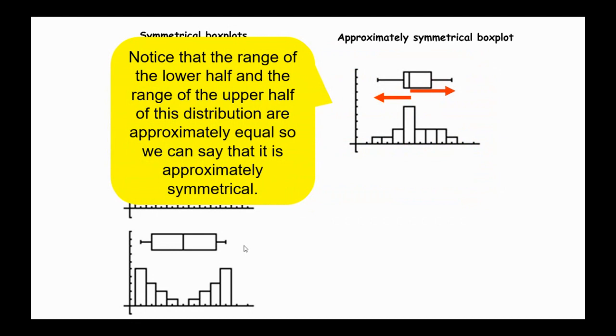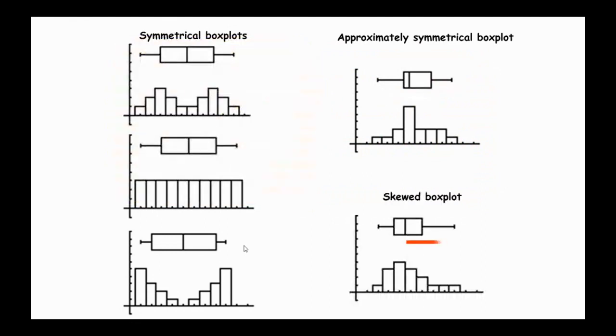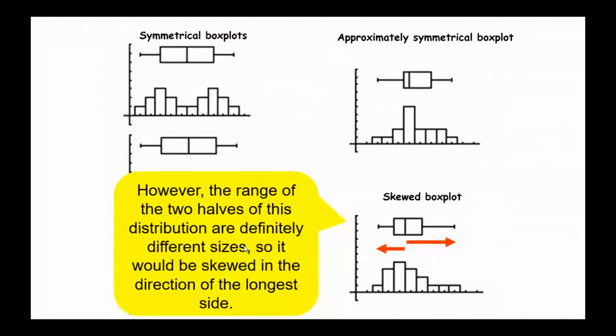So the range of the lower half and the range of the upper half are approximately equal. So we can say that the distribution is approximately symmetric. If we look at the next one, which arrow is longer, the right or the left? The right is the longest, so we say this is skewed right.